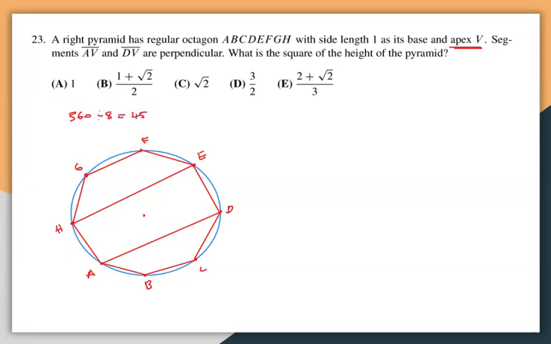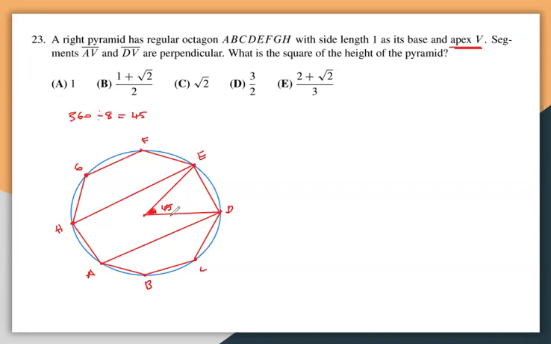So why do we care about this? Because if I take this central point, let me call it O, and connect it with two points next to each other, E and D, the angle inside right here has to be 45 degrees.